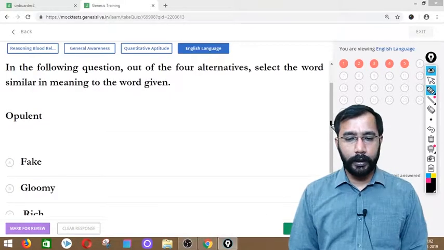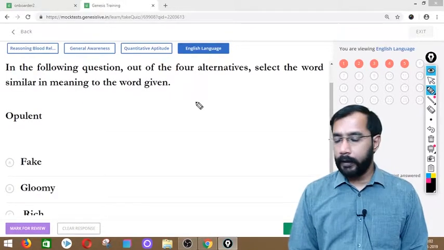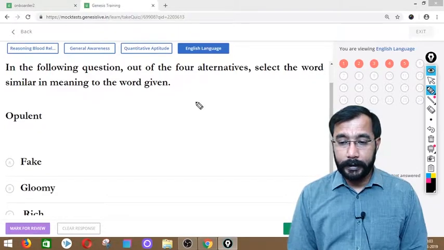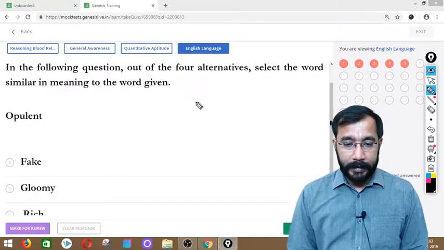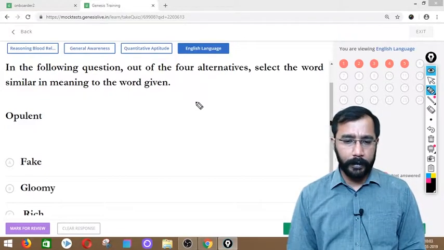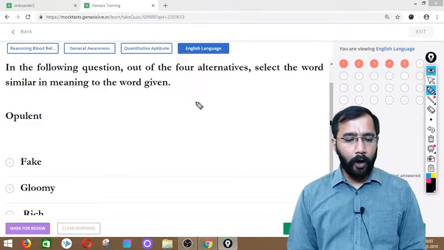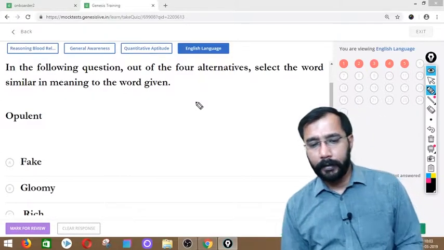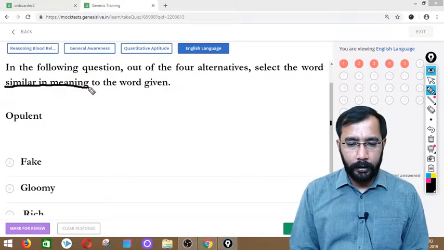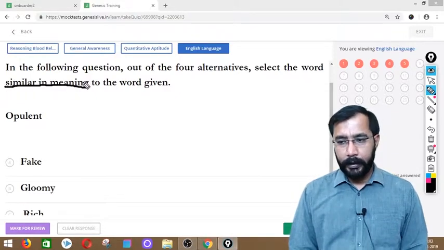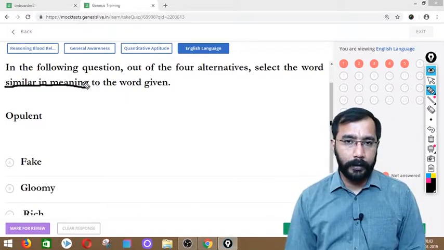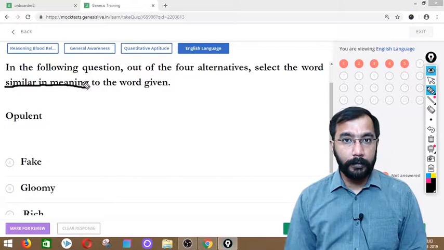Let's look at the next question. In the following question, out of 4 alternatives, select the word which gives you similar in meaning to the word given. Opulent. First of all, let's look at what this similar meaning means. They're looking for synonyms. There are 2 kinds of words. One is synonyms. The other one is antonyms. Synonyms are words with similar meaning.